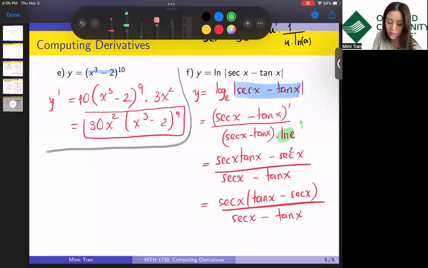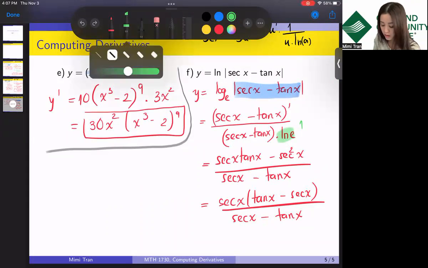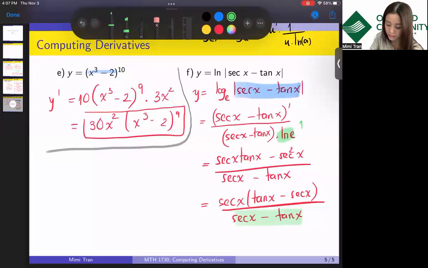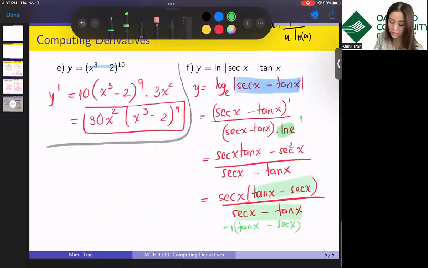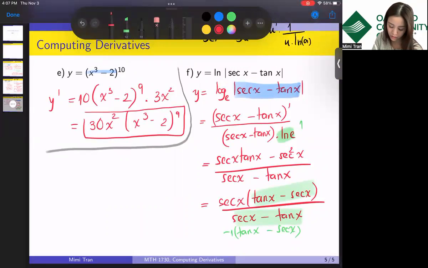Well, this one is the opposite, right? You can factor out the -1 on the bottom, or -1 on the top, doesn't matter. Say we factor out the -1 here. So what's left? Tangent x minus secant x, right? And now you can cancel, and leave a -1 on the bottom. So the final answer will be negative secant x.